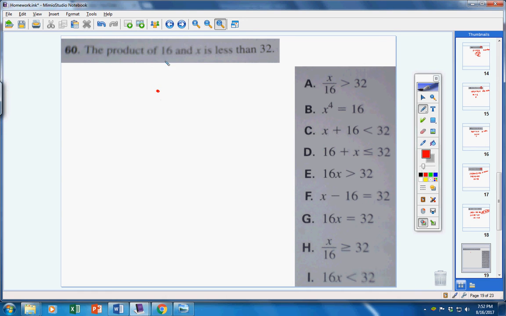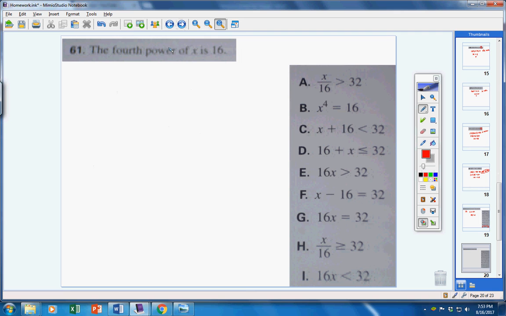The product of what? 16 and x is less than 32. 16 times x is 16x. So 16x is less than 32. There it is right there. So 60 is the letter I.